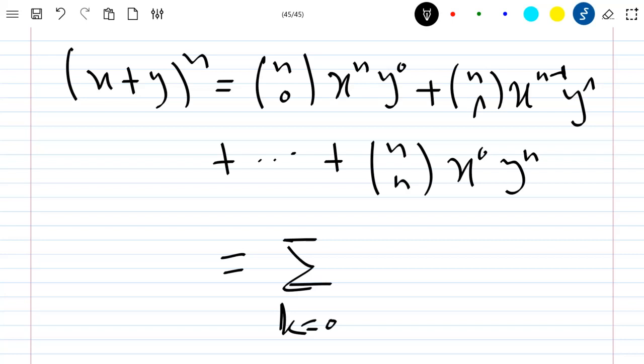We see that k is from 0 here. k is in fact these numbers here from 0 to n. So from 0 to n of what?